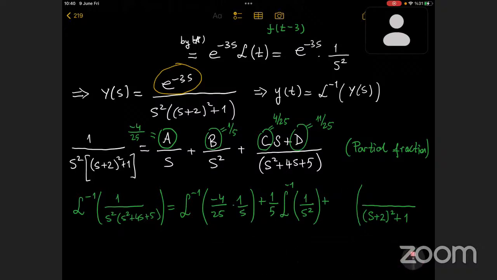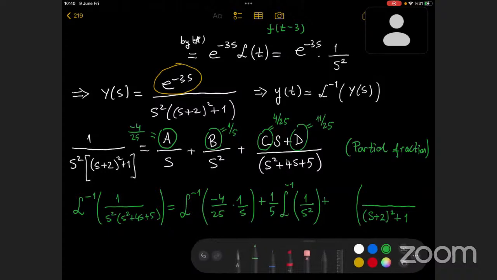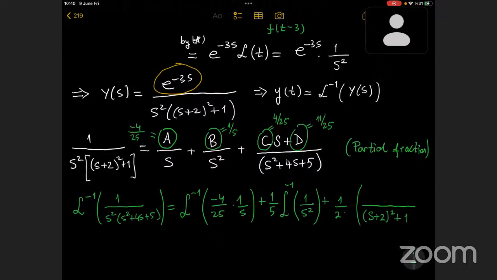Okay. Şu 4 bölü 25'i değil de, şimdi nasıl yapsak bunu? Şöyle yapalım. 1 bölü 25'i dışarı atalım. Yukarıda 4 kalacak. 4s artı 11. 4s artı 11'i de şöyle yazalım.